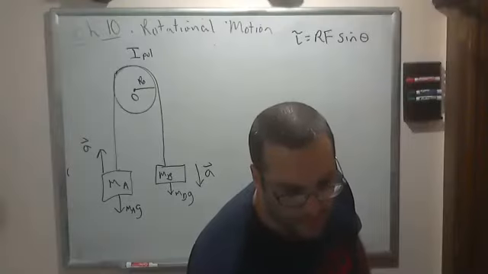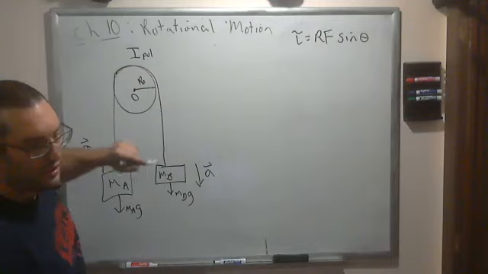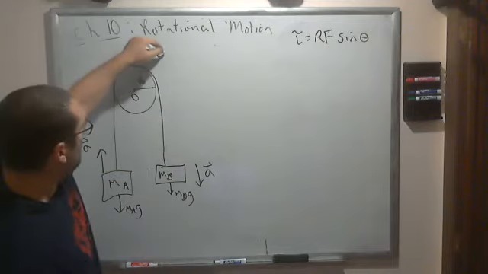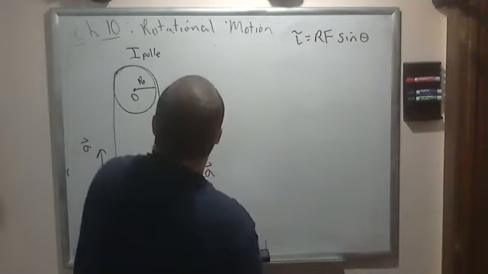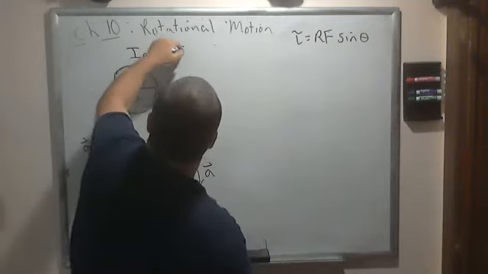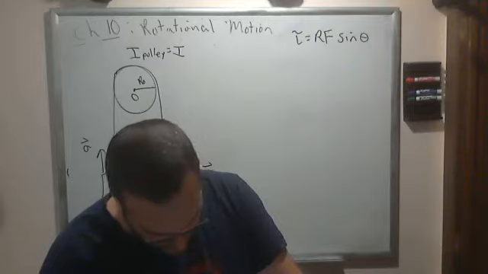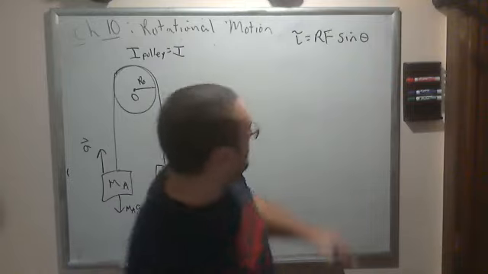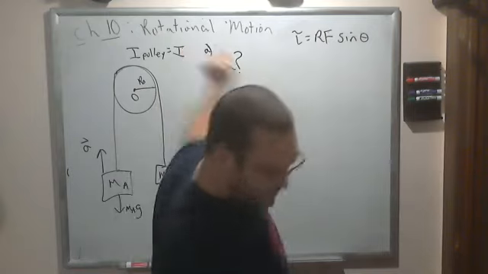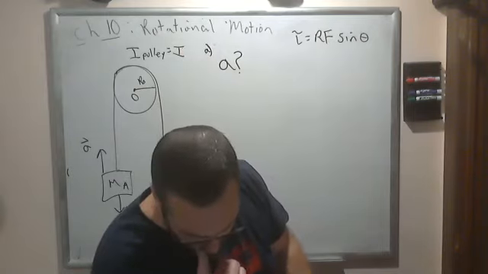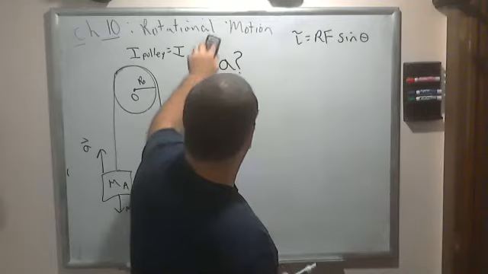Thank you. Okay, so we have a pulley of radius r, and it has a moment of inertia of I. All right, and in this problem, it asks for what's the acceleration of the masses, right? And that's it, actually.